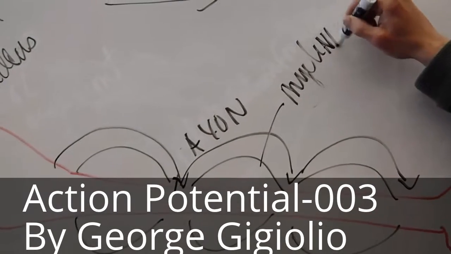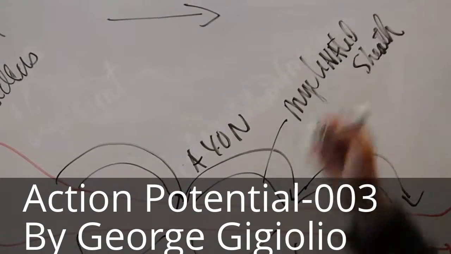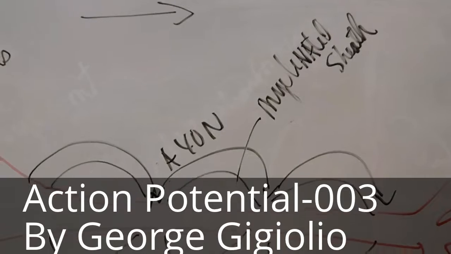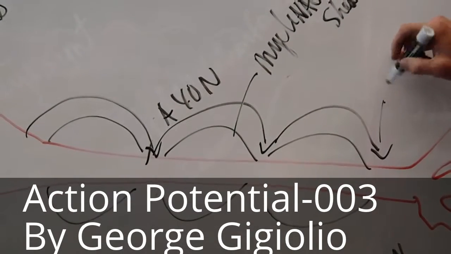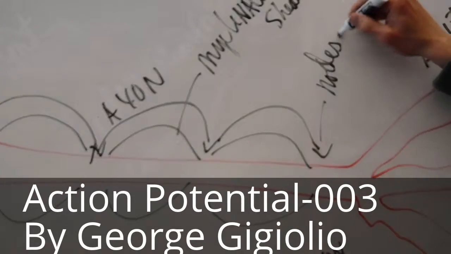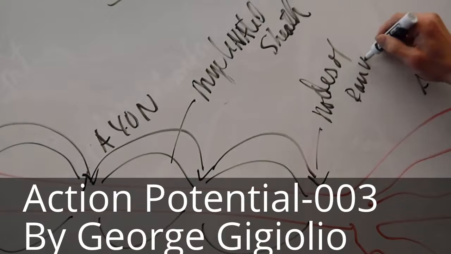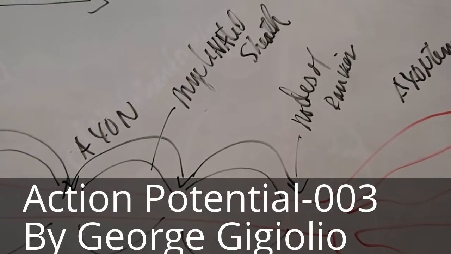So it's a myelin sheath. And the nodes are called nodes of Ranvier. Mr. Ranvier said, I'm going to name it, give it my name. So these are nodes of Ranvier. Okay? So, like French.